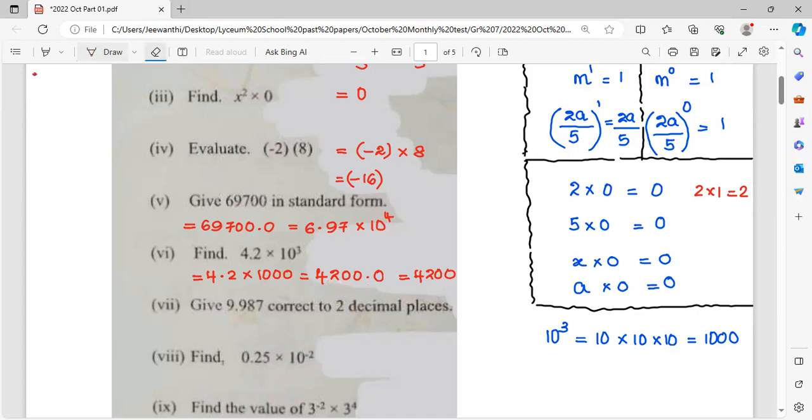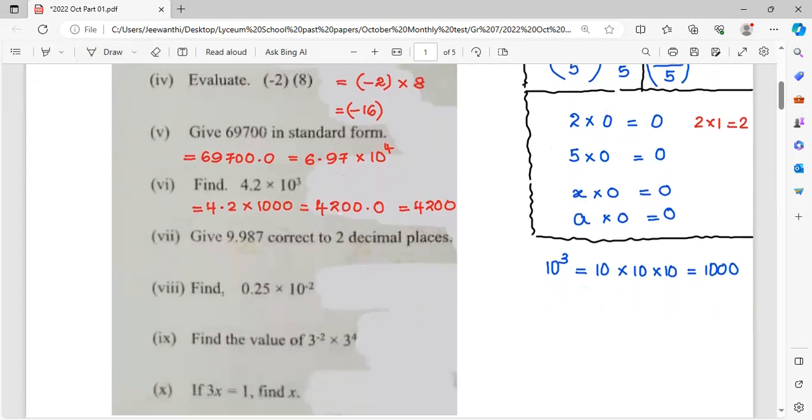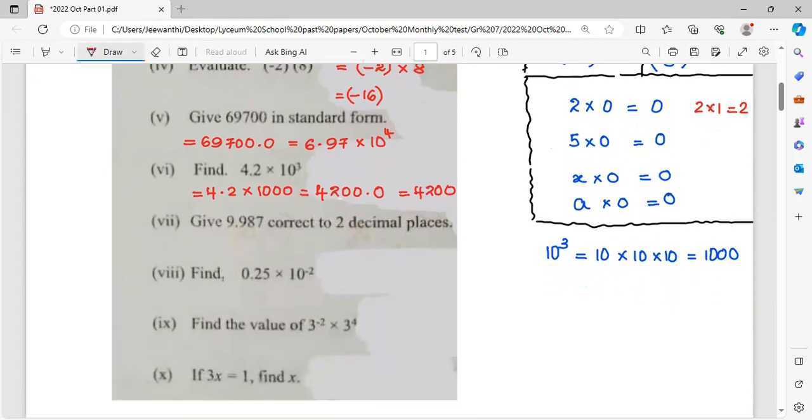And the next one, you want to correct this decimal number to 2 decimal places. First of all, you want to underline the second decimal place. Okay. After underlining the second decimal place, you just look at the next number, the neighbor number, that if that number is 5 or more than 5, you want to add.